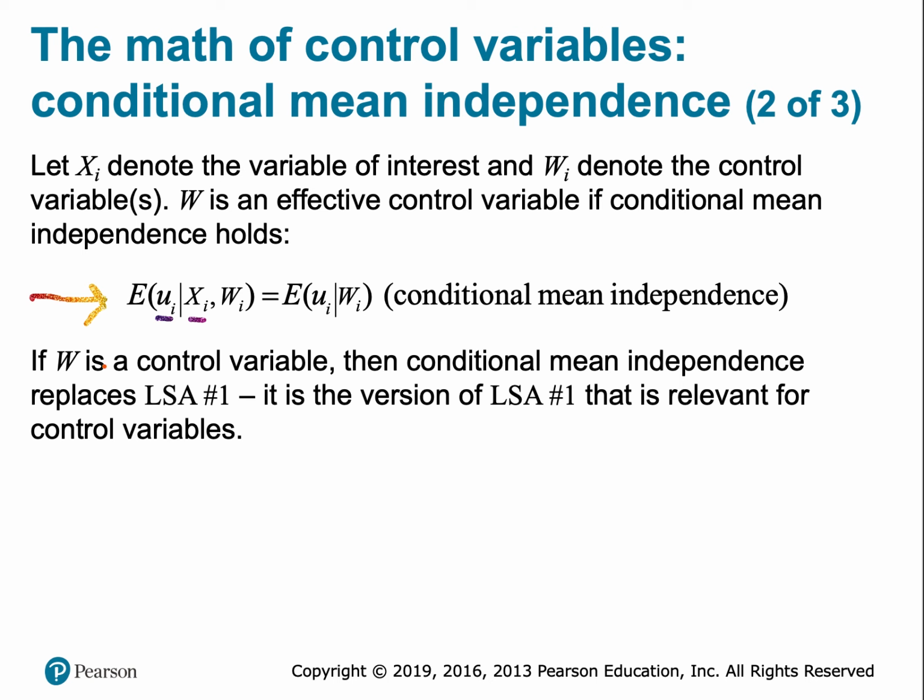So if w is a control variable, then conditional mean independence replaces least squares assumption number 1. It is the version of least squares assumption number 1 that is relevant for control variables.